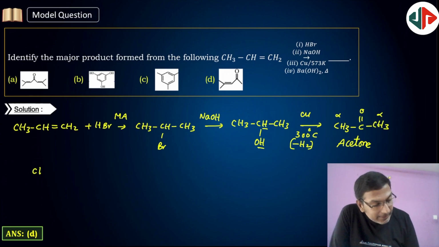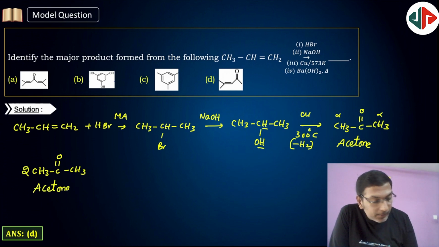So let's continue the reaction. Take 2 moles of acetone with barium hydroxide alkali, followed by heating.